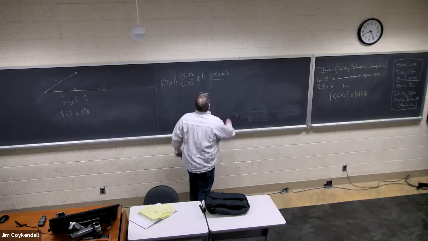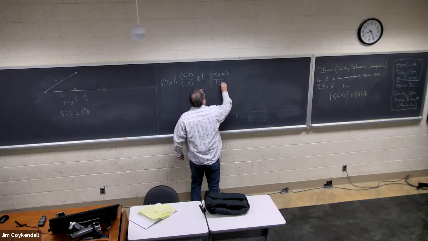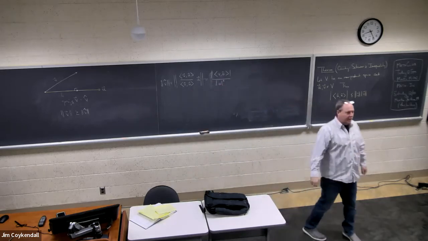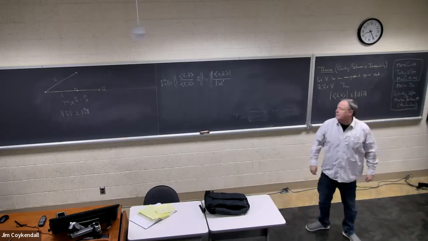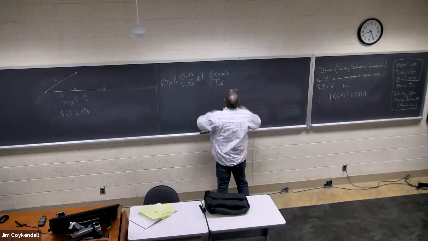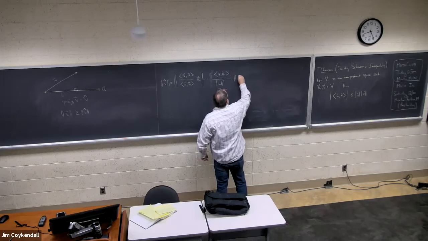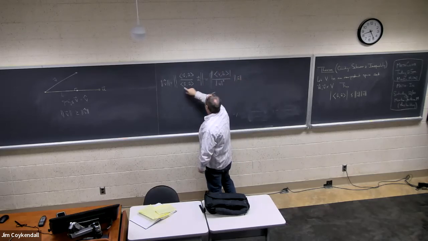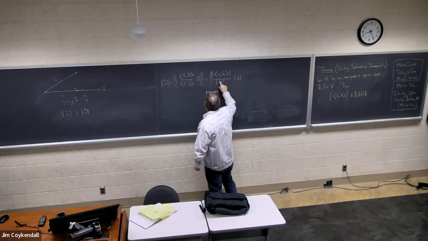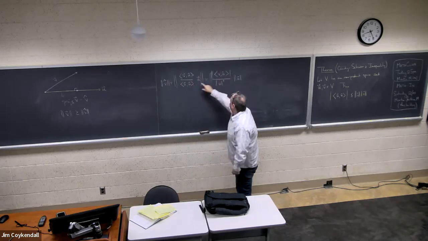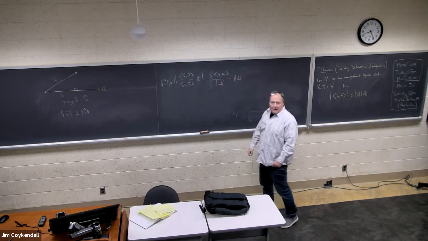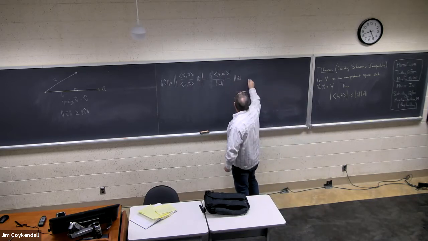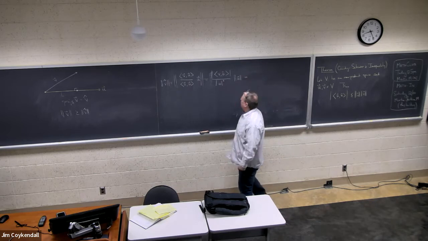This thing right here is the length of U squared. Agree? And this piece right here is just the length of U. So I've broken this up into three parts. The absolute value of this is just the length of U squared, and this is just the length of U. Now notice I can cancel this, right?